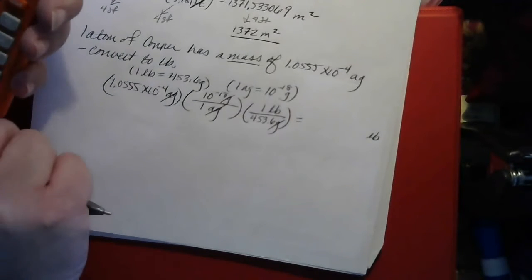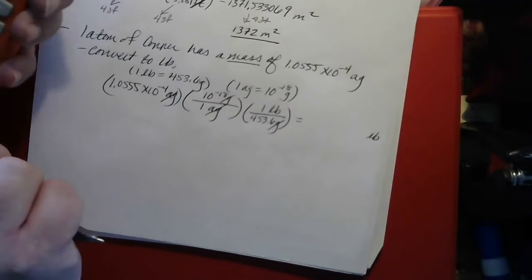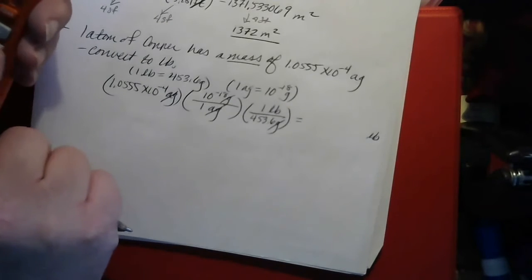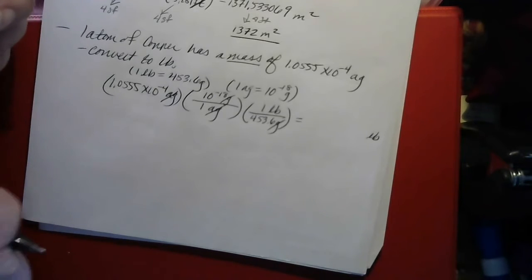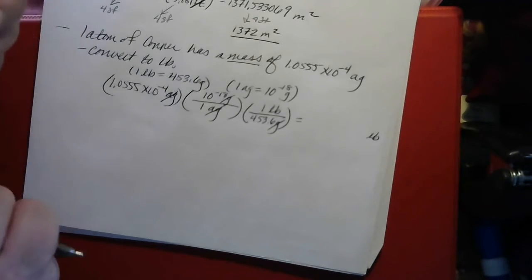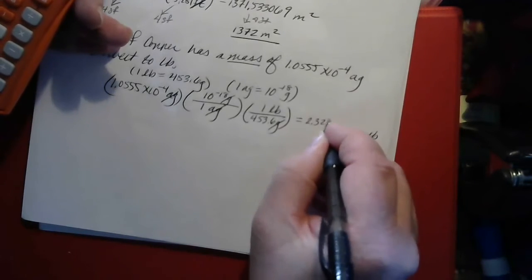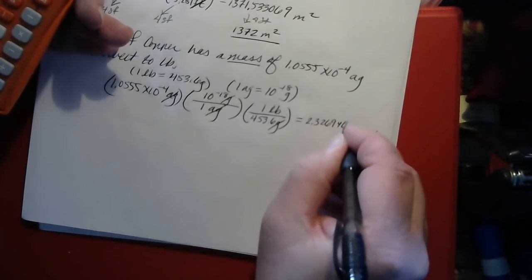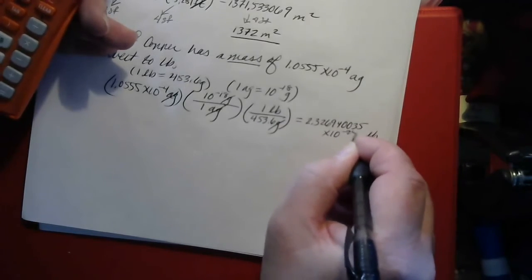Okay, 1.0555 times 10 to the minus 4, times 10 raised to the minus 18, divided by 453.6. So we get 2.326940035 times 10 to the minus 25.